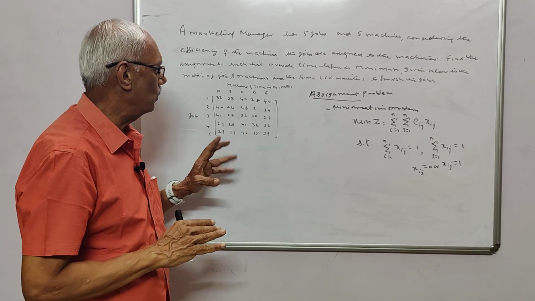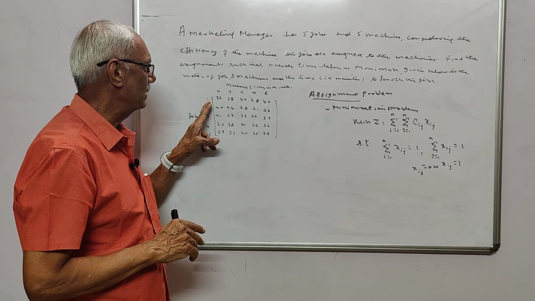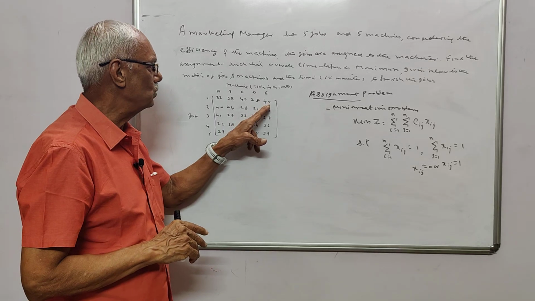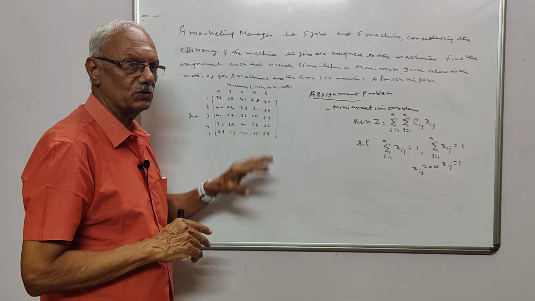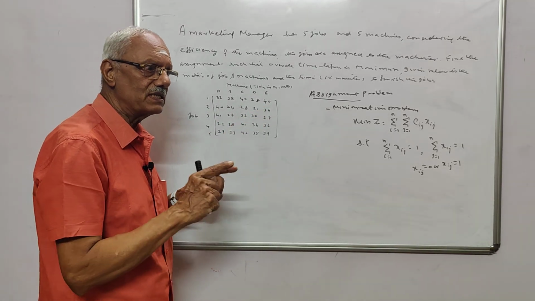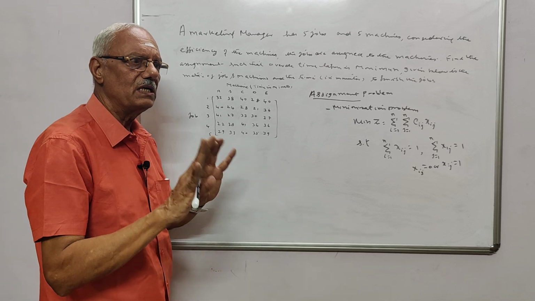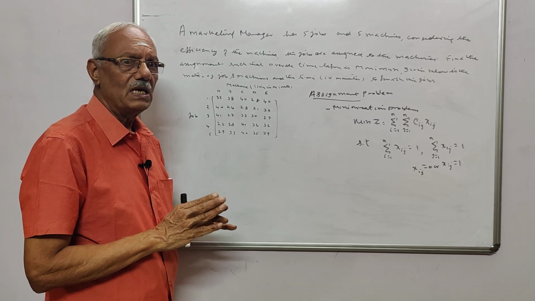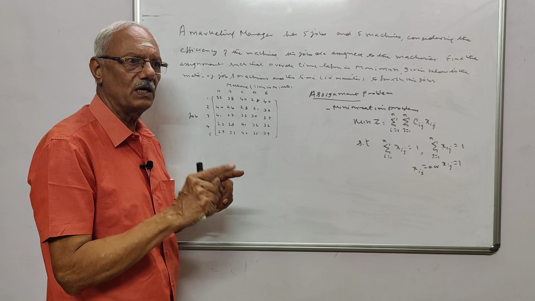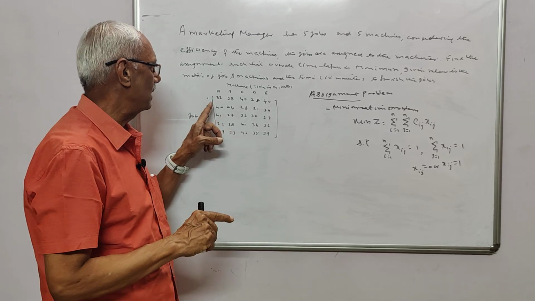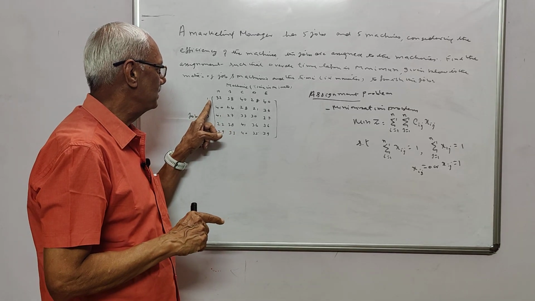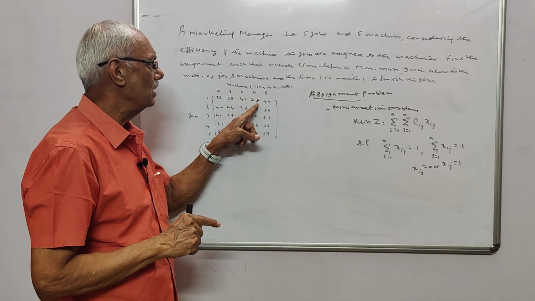Now job 1 can be assigned to any one of these missionaries only. If it is assigned to a missionary, take the value as 1. If it is not assigned, take it as 0. For example, suppose missionary D is assigned job 1.